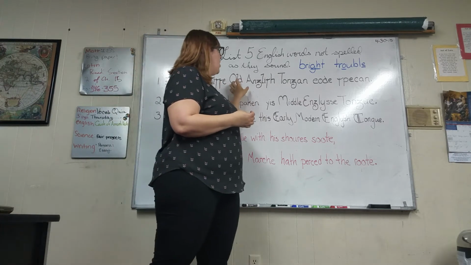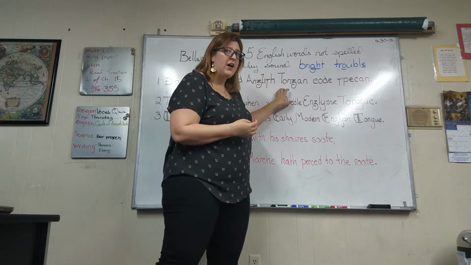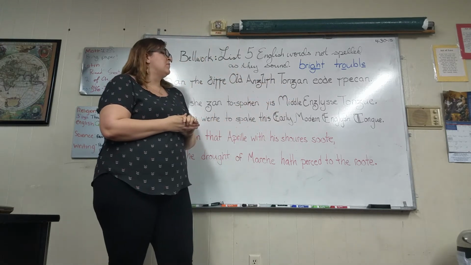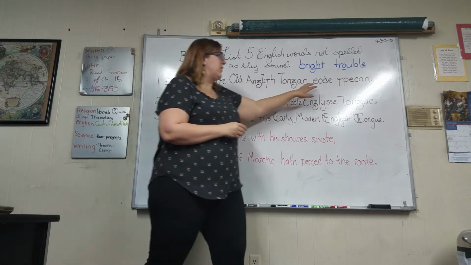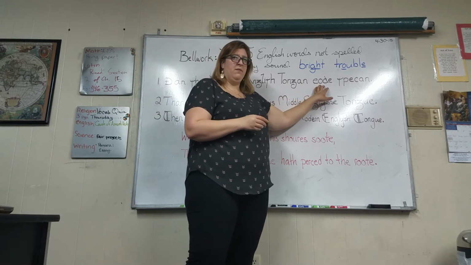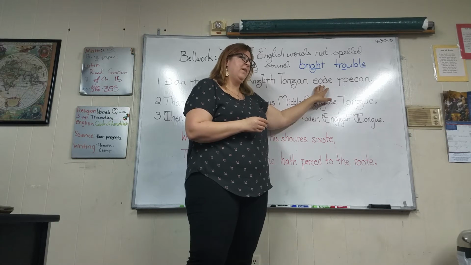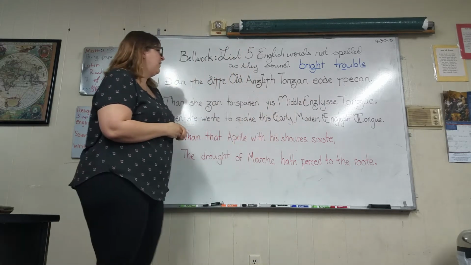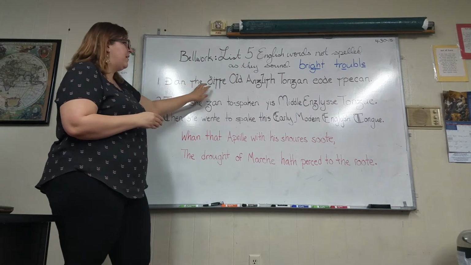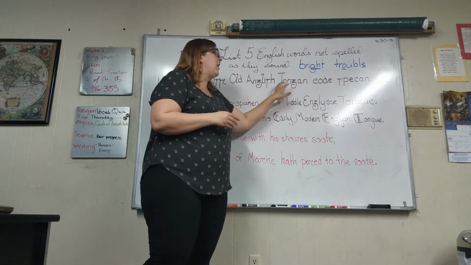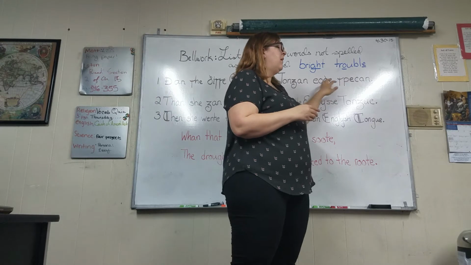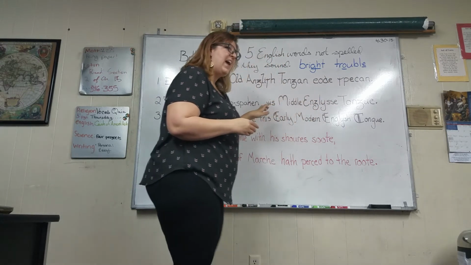But then we have Old English tonguin. Yes, it is the word tongue. Good recognition. And we get this weird word, aode. Any guesses? Than, she, vissa, Old English tonguin, aode. Yes, began.